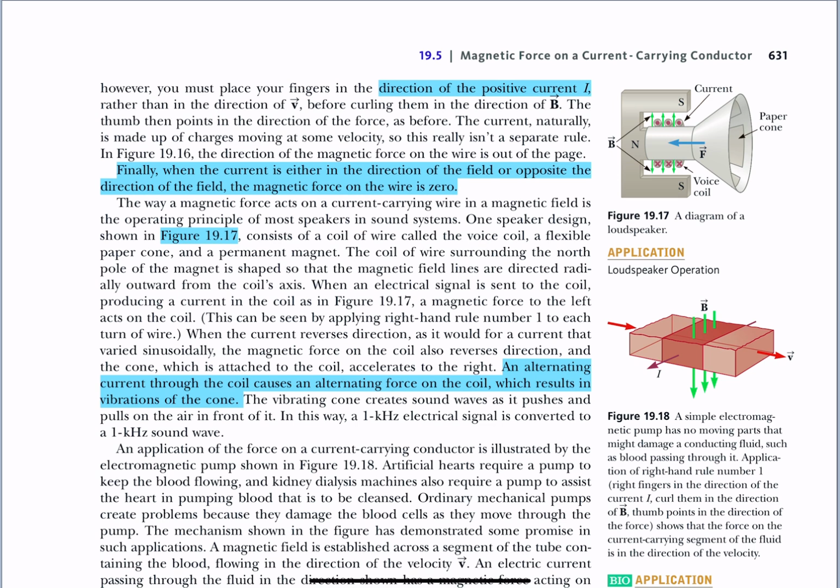So the same technique that we use for designating magnetic fields going into and out of the page, we can use to designate currents going into and out of the page.